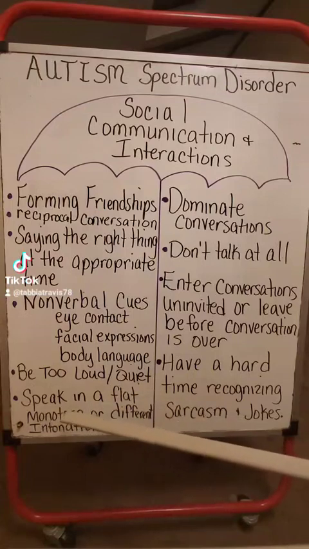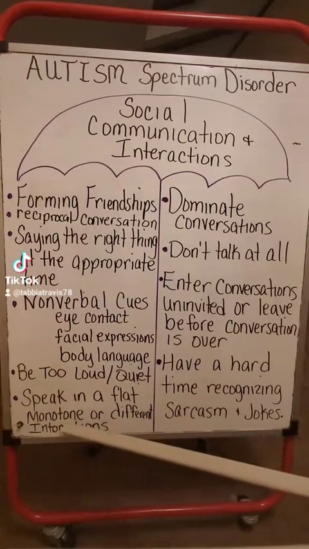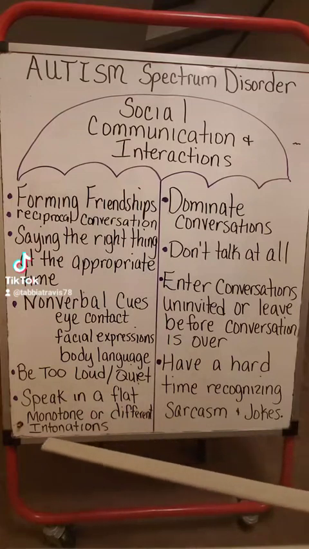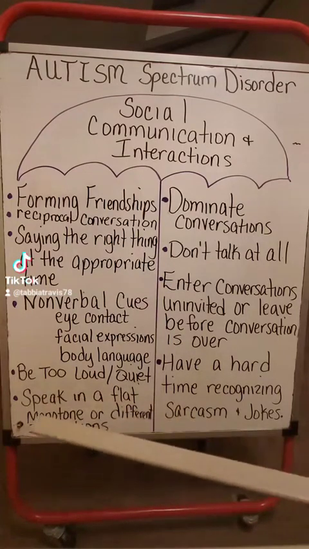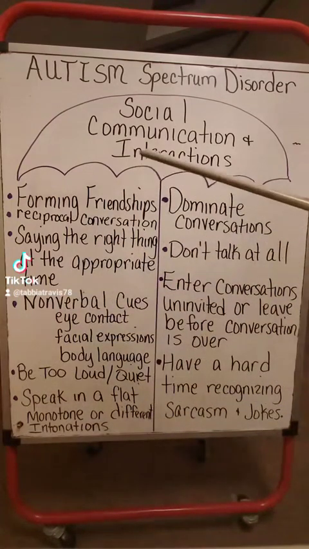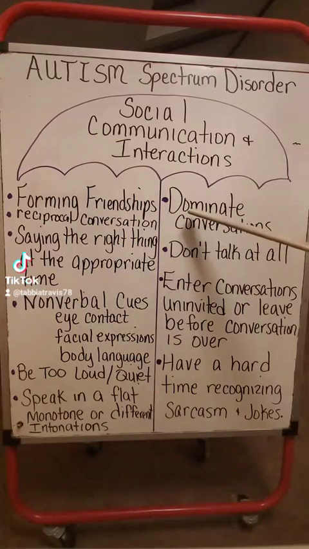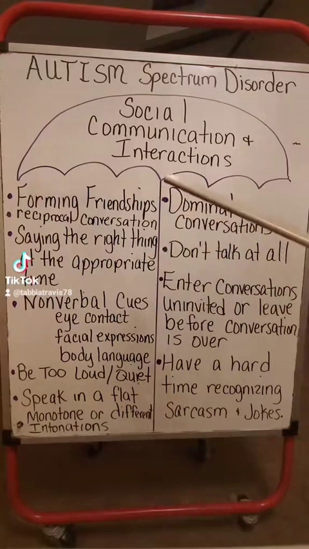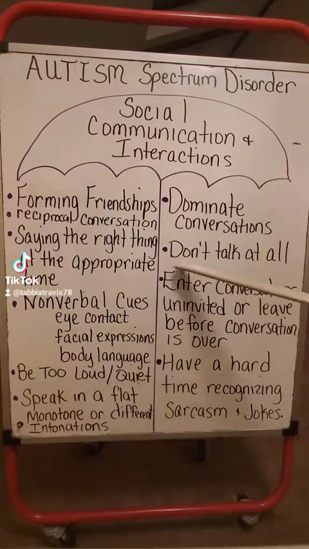They might speak in a flat monotone or different intonations. It just all depends. They also, at times, some of them can dominate conversations and just talk about things that they're interested in, not taking in consideration what the other person wants to talk about. Or they don't talk at all.